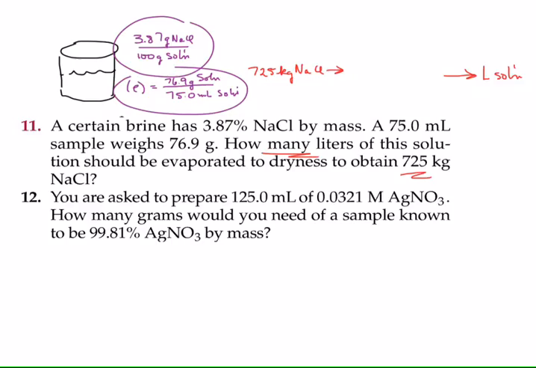Okay, so you can see my unpacking up there for 11 in purple. How many liters should be evaporated to obtain 725 kilograms of pure solute component? So let's see, what are my notes up there?